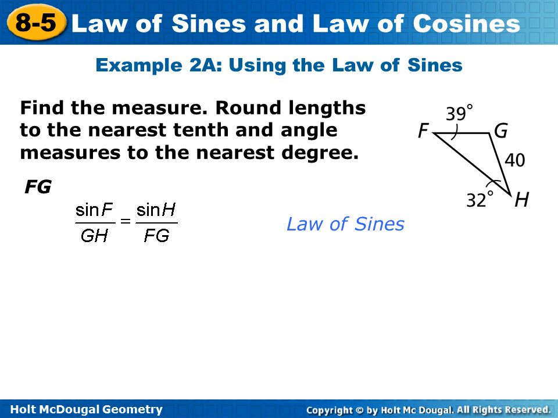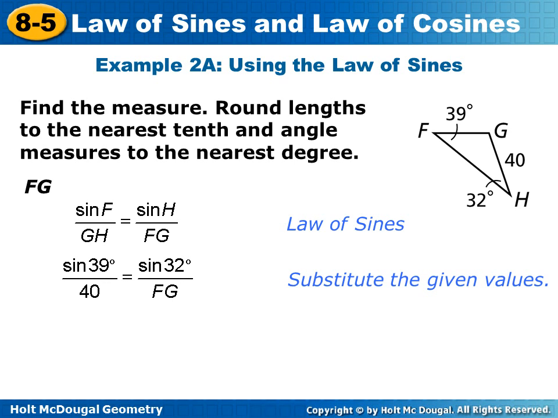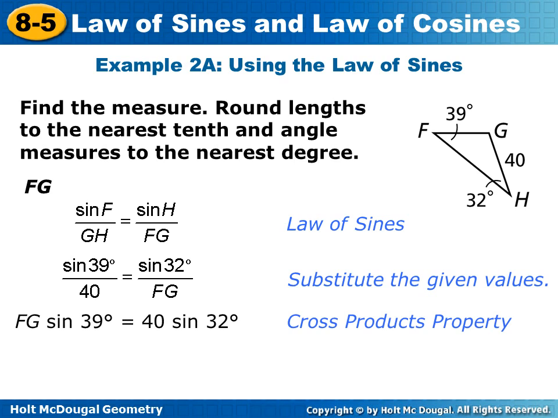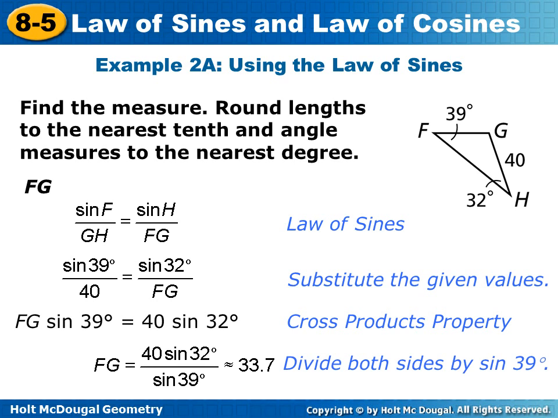So if we use the law of sines, sine of F over GH, because GH is the opposite side, equals sine H over FG. Plugging in, we get that sine of 39, which is angle F, over 40 equals sine of 32, which is angle H, over FG. Cross multiply and divide by sine 39.